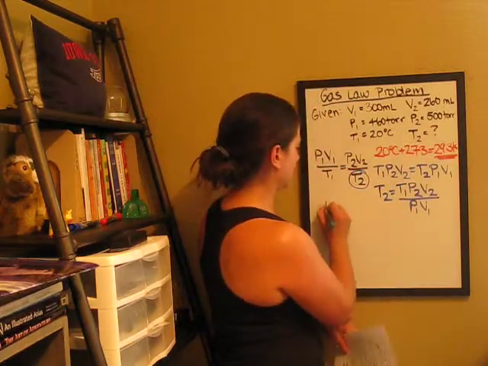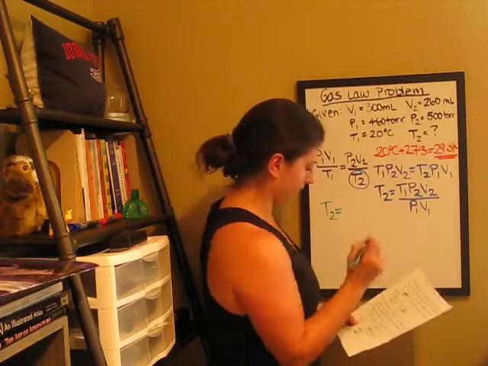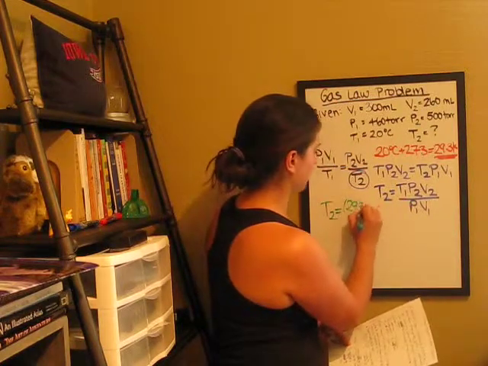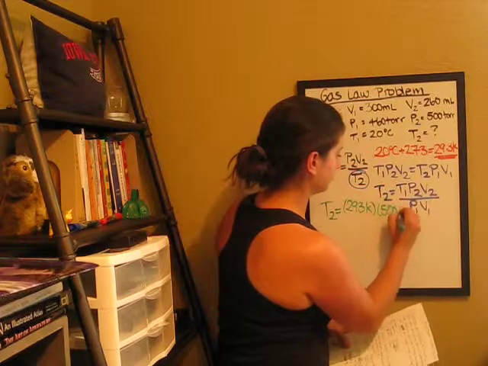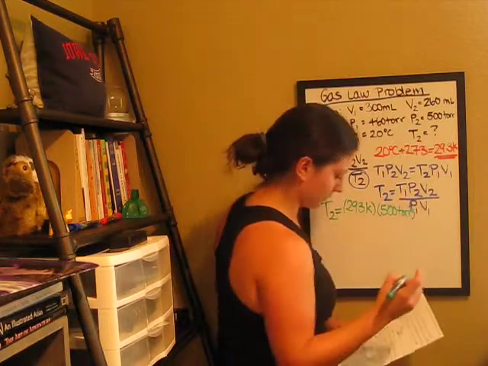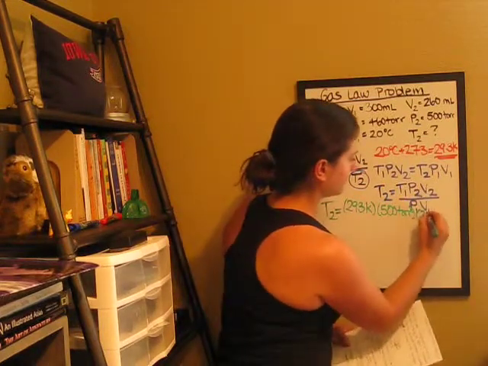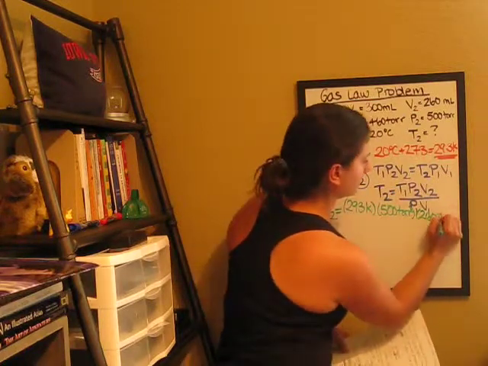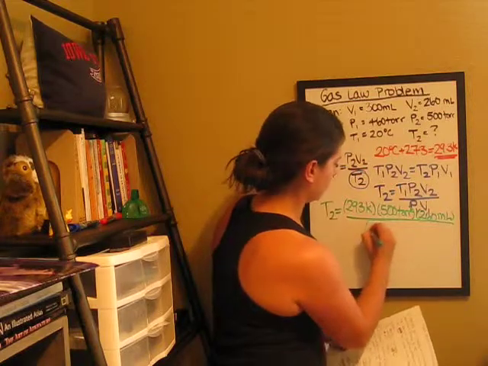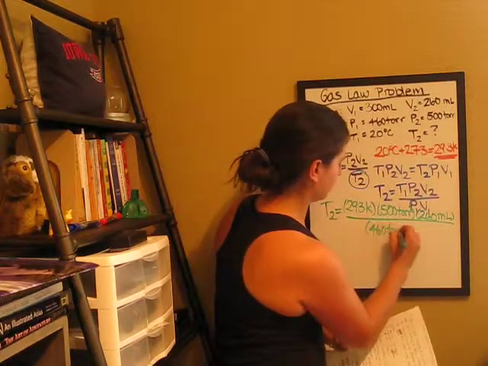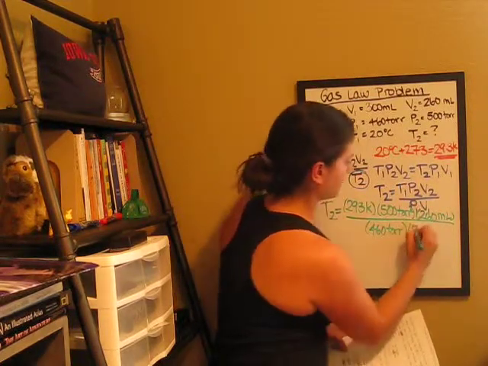So we have T2 is equal to 293 Kelvin times 500 torr times 260 milliliters all over 460 torr and 300 milliliters.